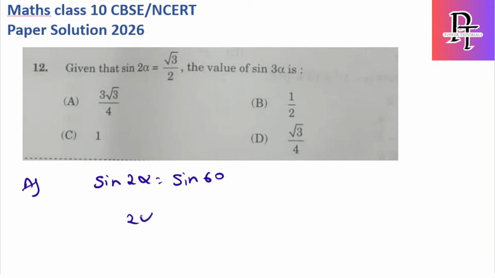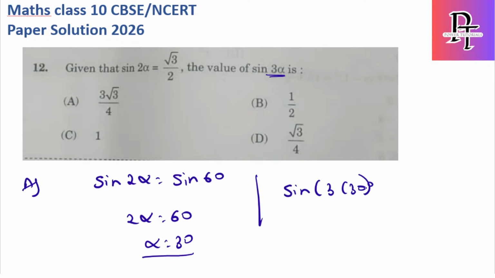Okay, so 2 alpha is nothing but 60, so alpha value is 30. They are not asking alpha value. They are asking the value of sin 3 alpha. So it is sine of 3 into 30. So 3 into 30 is 90, so sin 90 value is 1, which is C. Okay, now the option got changed to C.